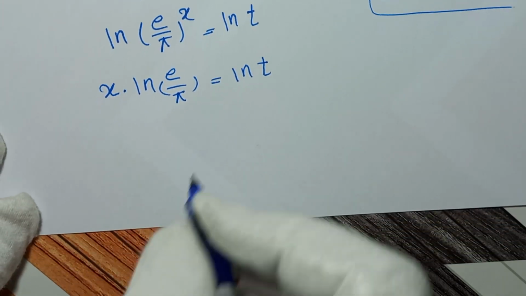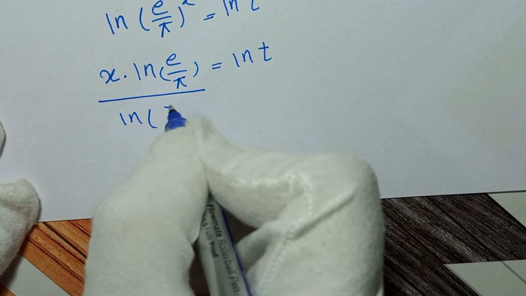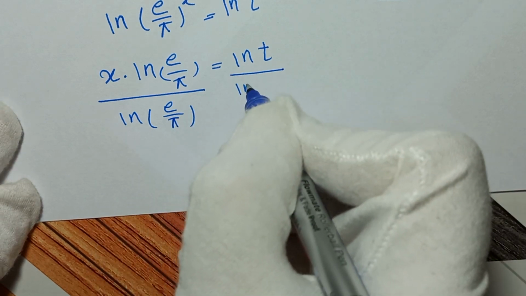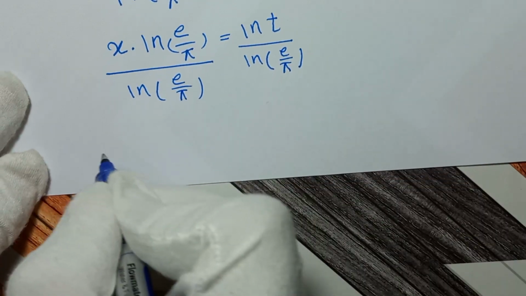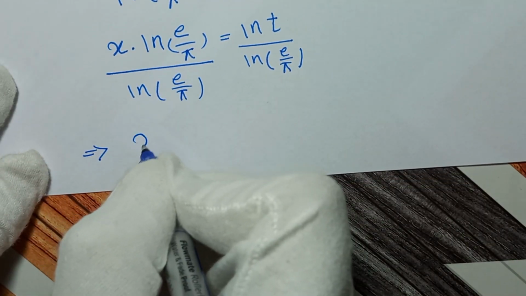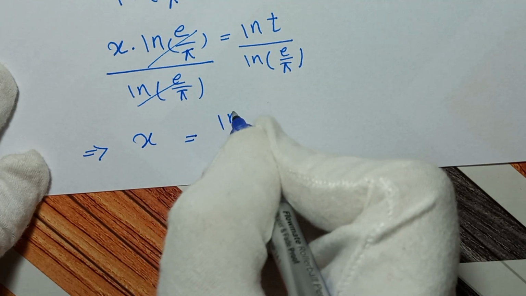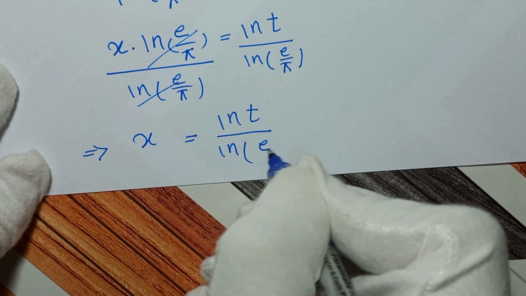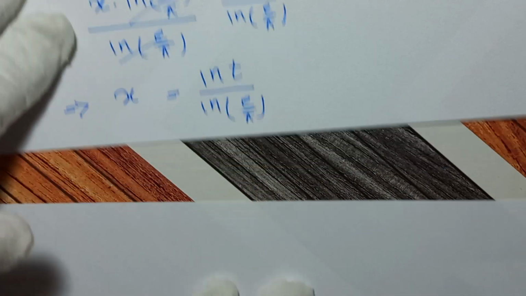Next, we divide both sides by ln of e over pi, and this will cancel this, and it will be x equals ln of t over ln of e over pi.